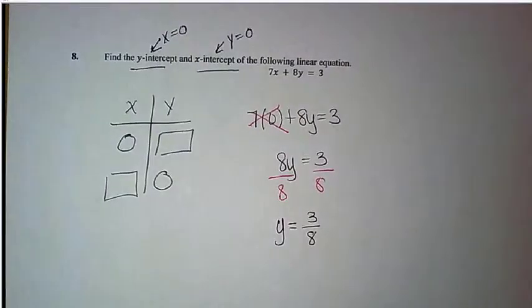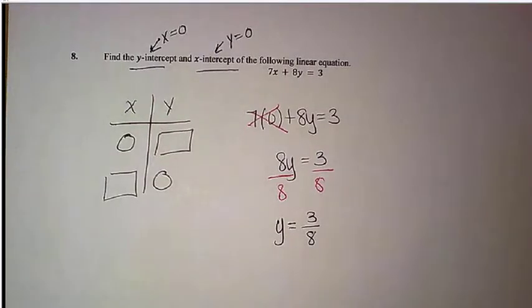Now, when we're putting our answer into the system, we're going to leave it as a fraction. I'm going to have to graph this in just a second, and 3/8 is just a little bit above 0, so that will help us graph that particular point.